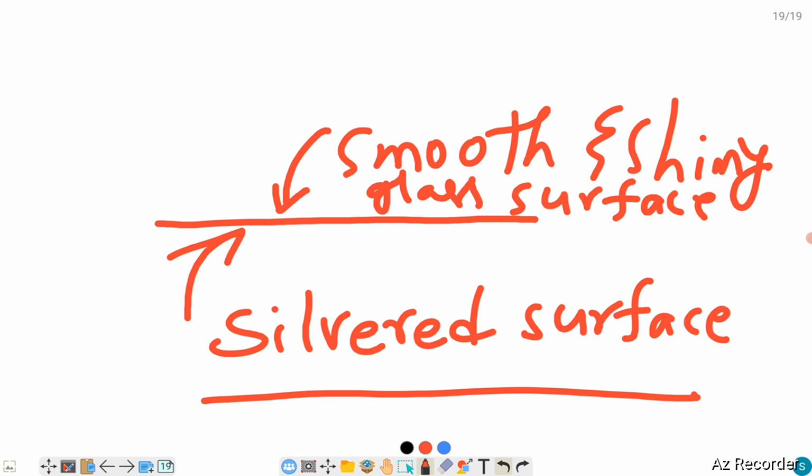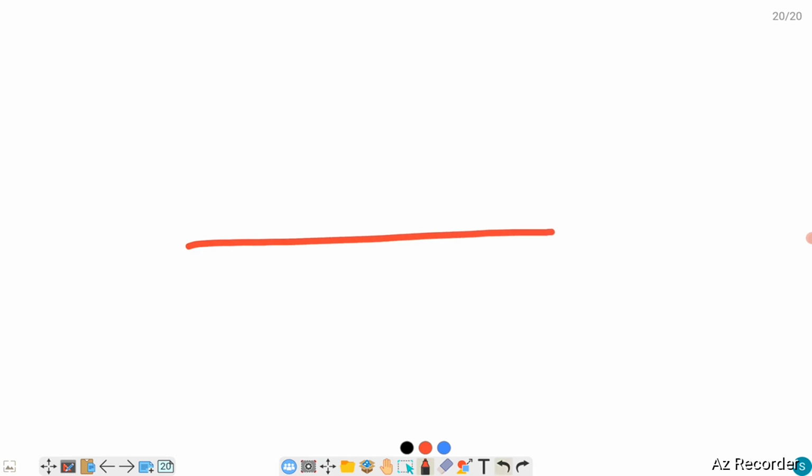Why we are coating with opaque material? Because glass allow light to pass through it. If this opaque surface is not there, what happens? This glass will pass the light through this like this. But what we should have? We should have reflection. Reflection means what? Light has to bounce back. It should not go here. Instead, it has to bounce back. For that, what we are doing?